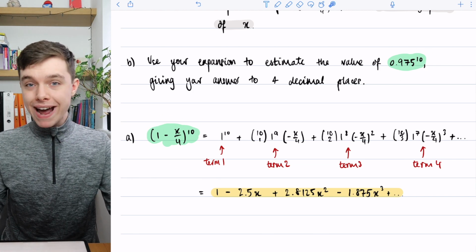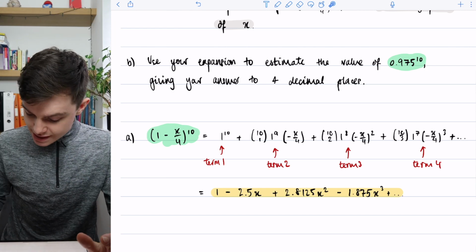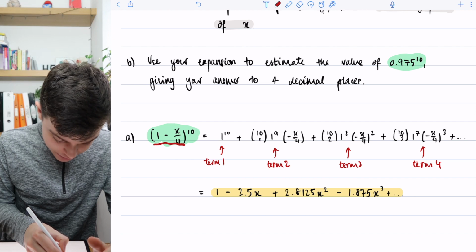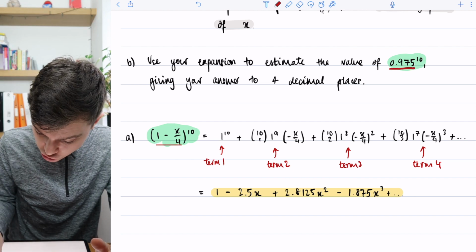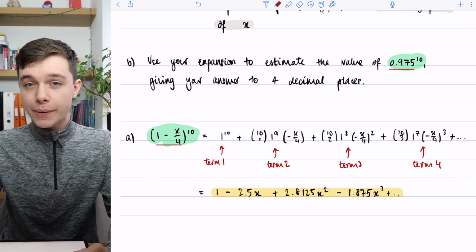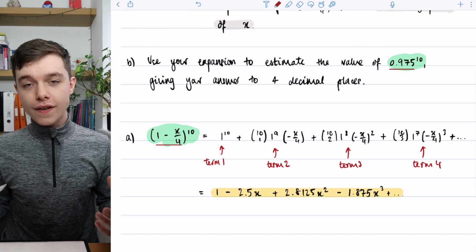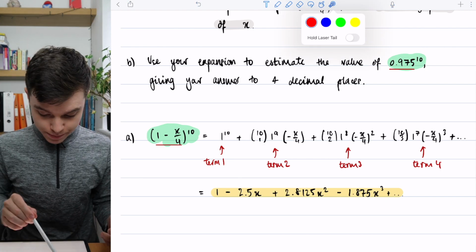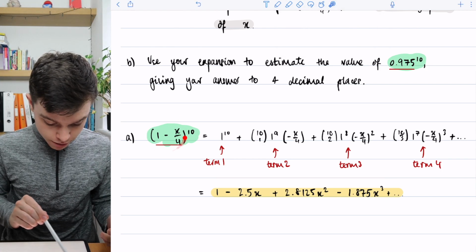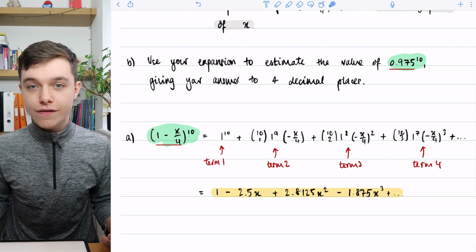They're both raised to the power 10. So what I can do is set this part of the bracket equal to that decimal there, because that's the decimal that's raised to the power 10. If I do that, I can then solve an equation: 1 minus x over 4 is equal to 0.975.